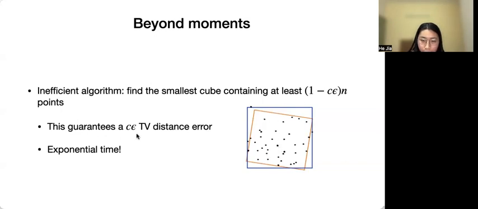This guarantees a C epsilon TV distance error between the blue cube and the orange cube. Of course, it takes exponential time to find such a good orange cube with the smallest volume that contains enough points. But still, this can give us a good TV distance error.